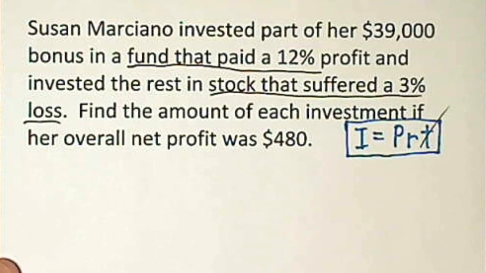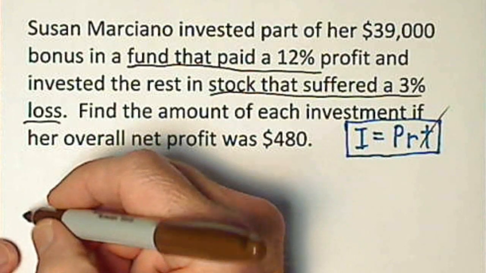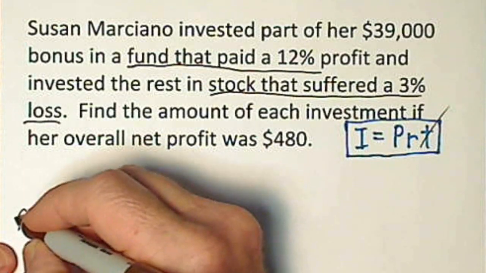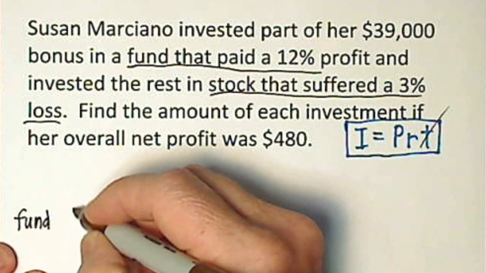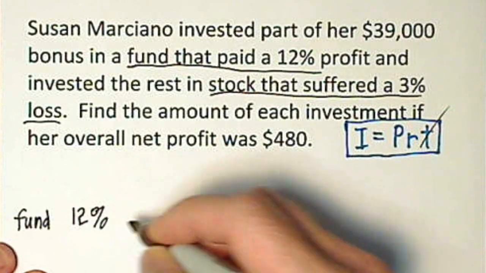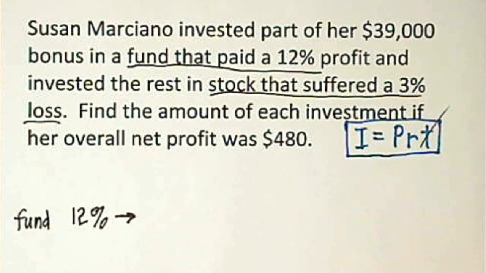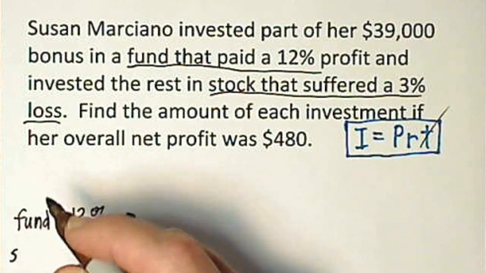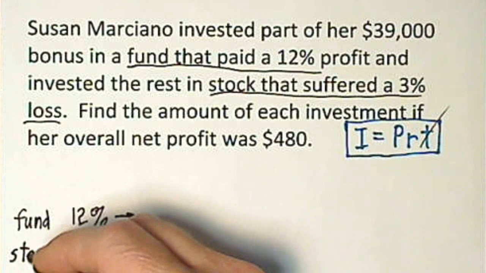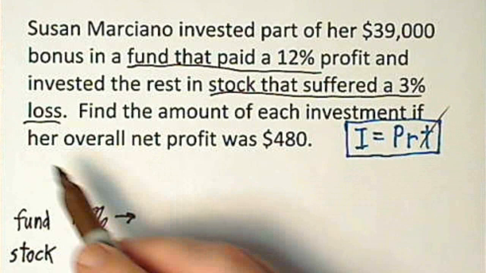But let's just say fund of 12%, okay? And again, this is just a category. We're not really going to do a calculation here. This is just to help us organize our thinking. And then we have stock. And that was a 3% loss.